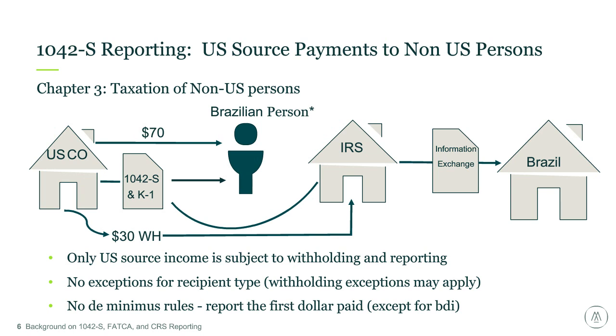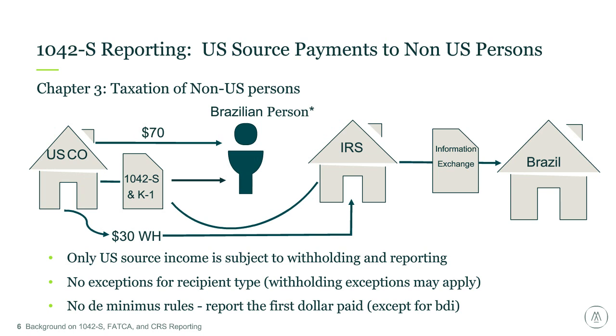Just some basics. Generally there are no exceptions to 1042-S reporting. If you're doing 1099 reporting, which is payments to U.S. persons, and the corresponding information returns, there are a lot of exceptions. Whereas with 1042-S reporting, there's only one very narrow exception, and it's for bank deposit interest.